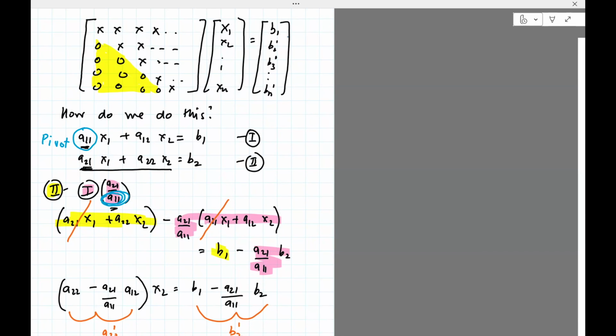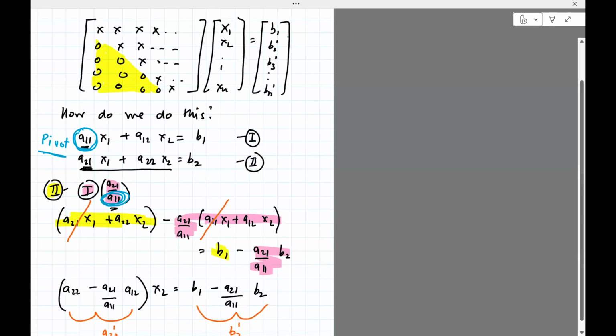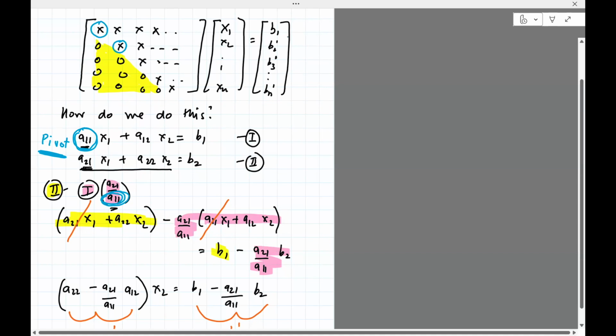So here we've used the pivot a11 to eliminate x1 in this equation. There's no x1 because it was used. So the word pivot is kind of important. Okay, so here these are the pivots. All these are going to be the pivots in our calculation. Okay, and that's going to be important later on.